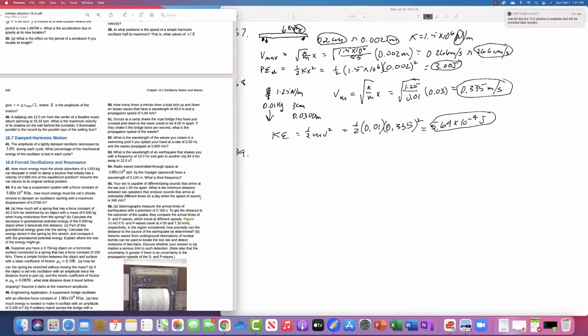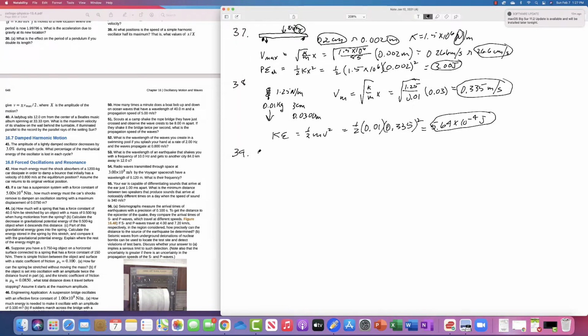Now, this is a little more theoretical, but if we say that Vmax is equal to the square root of k over m times big X, then V over Vmax is equal to the square root of big X squared minus little x squared, over big X.